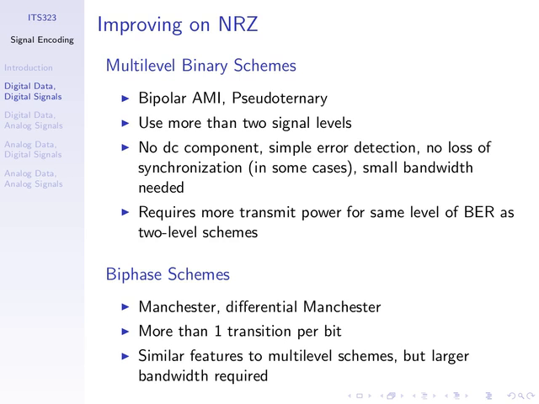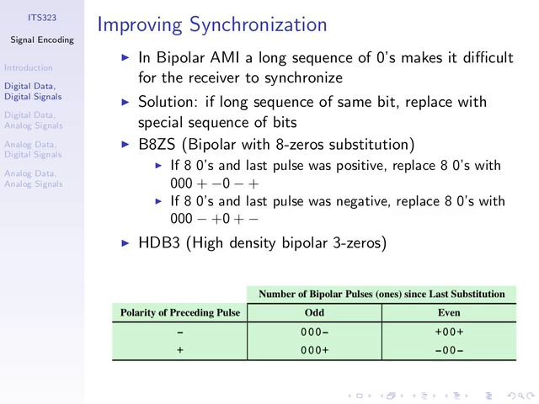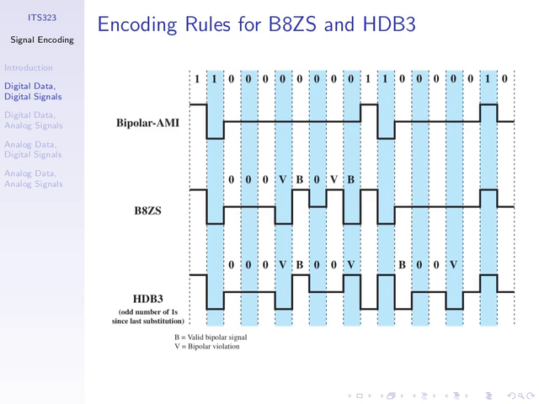This describes bipolar AMI, Manchester, and some other schemes, and how they've been developed, and the last two more complex ones, B8ZS and HDB3. Here are some examples of those last two.